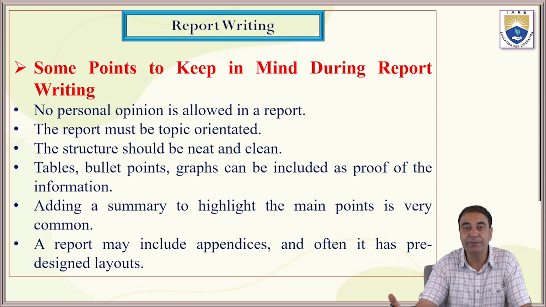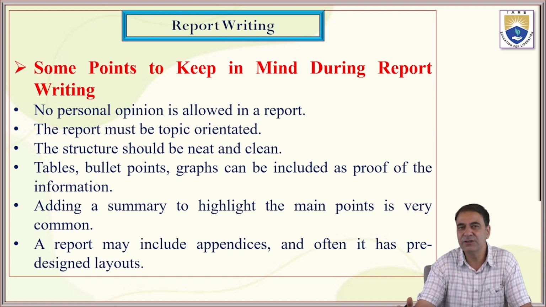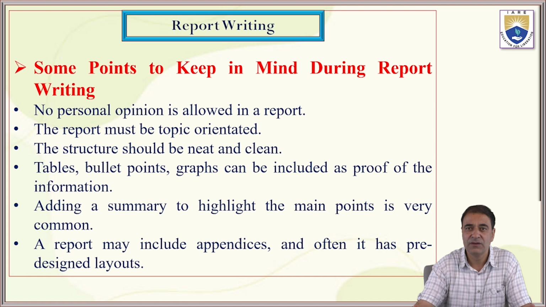Report must be topic oriented. We should relate each and everything to the topic. Whatever we want to write in a report, we need to relate all these things to the topic. That means here we don't have any freedom to take digressions. We can't deviate from the topic.